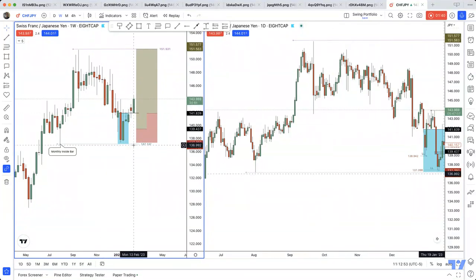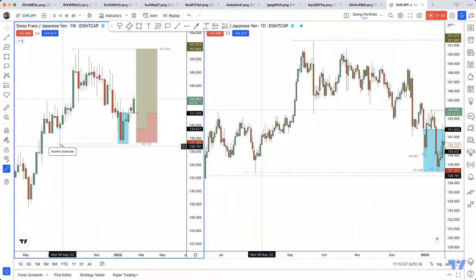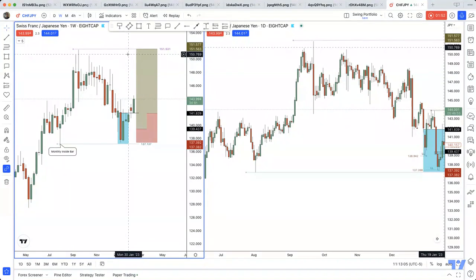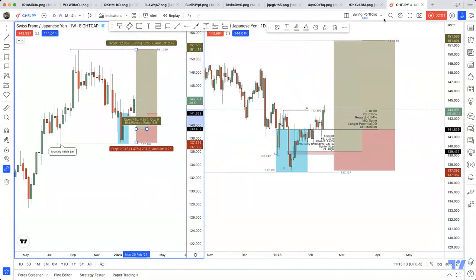And price did pull back towards 137, but it could not pass that price. So this is what I'm thinking. If price stays above 137, then we could potentially see price continue back up into 150, 151.5. So this is where my eyes are located for this currency pair.